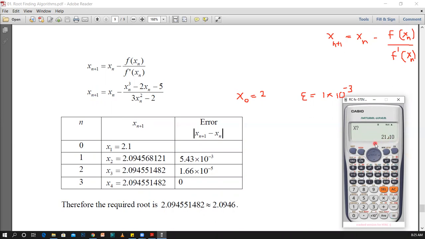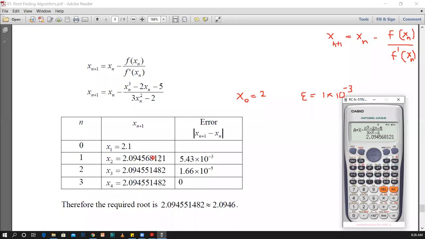Now you can see that they asked us to confirm whether the new value of x is 21 divided by 10, or 2.1. Therefore, we get the next stage as 2.094568... The value of x2 is now 2.0945688121.